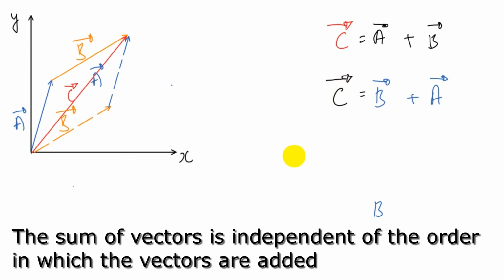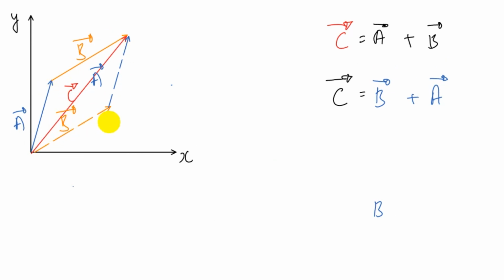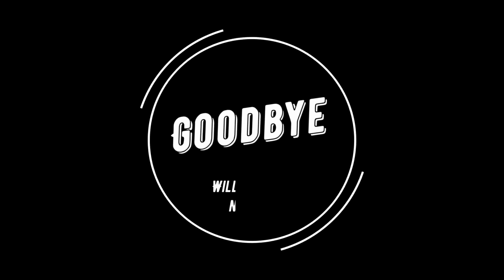This is what we have proved here. Because this figure looks like a parallelogram, we call this method the parallelogram method. So this is all for this video, and in the next video I will discuss how to subtract vectors and how to add vectors by using their components.